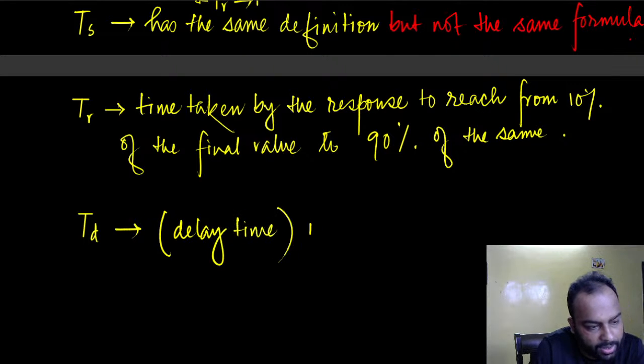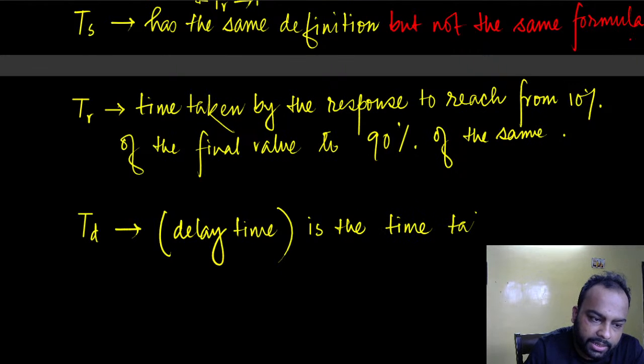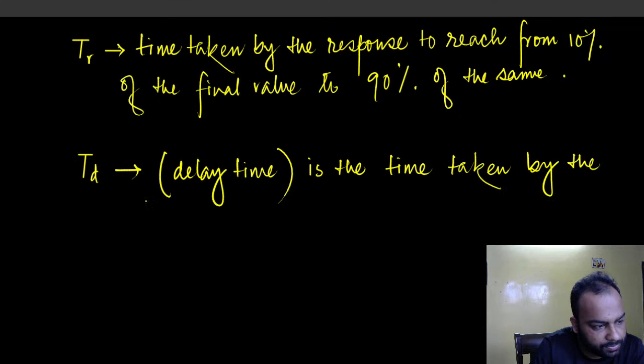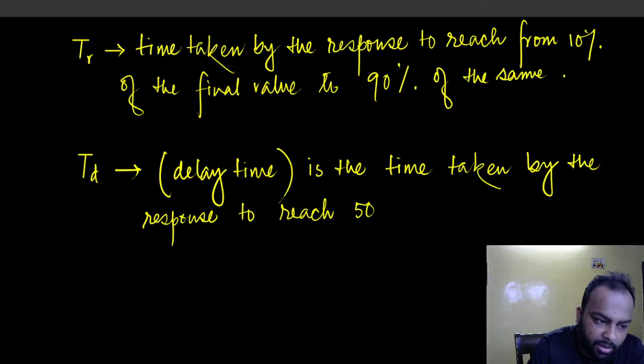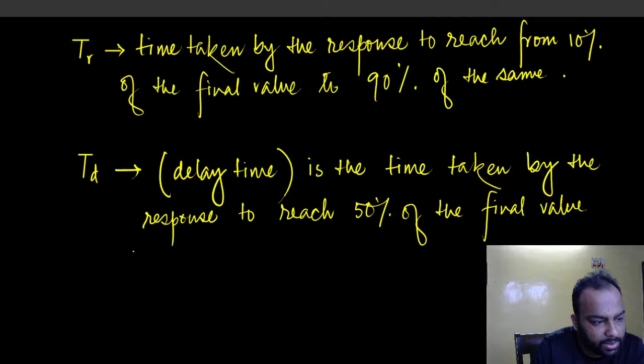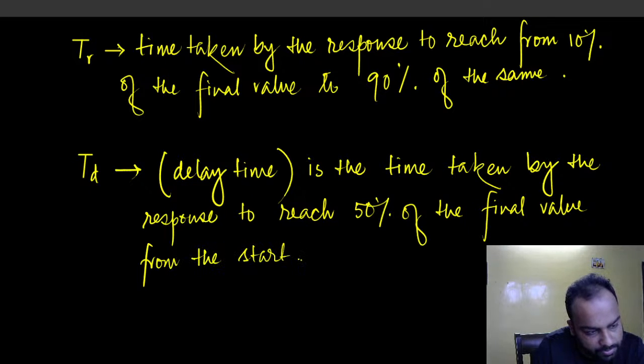Delay time is the time taken by the response to reach 50% of the final value from the start. So from the start, the time it takes to reach 50% of the final value is the delay time.